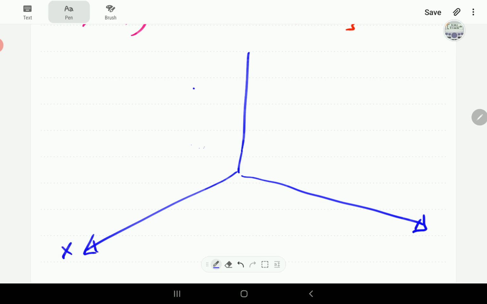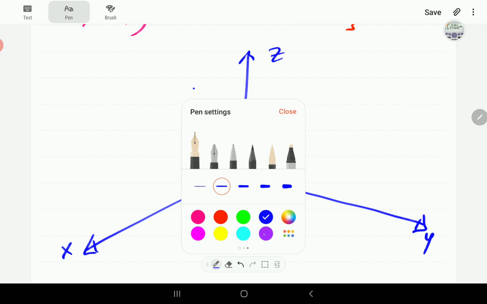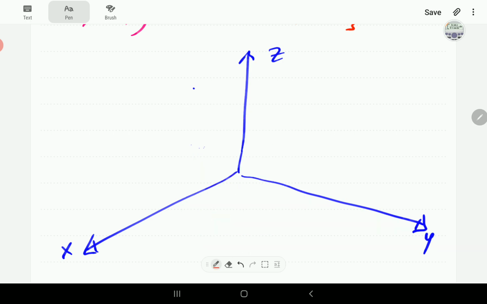So these are our coordinate axes, x, y, and z, and we just take a slice of the plane in this first octant. It will look something like this.